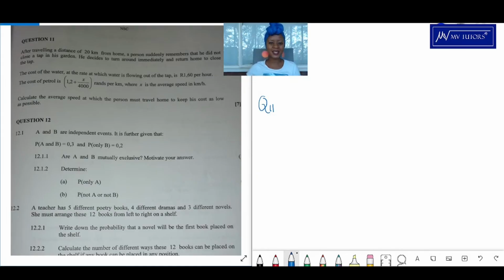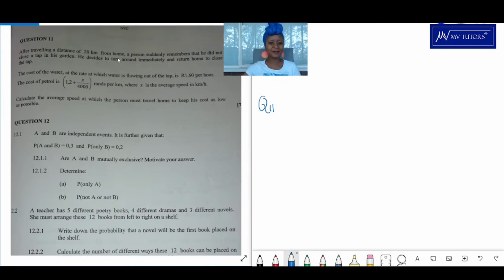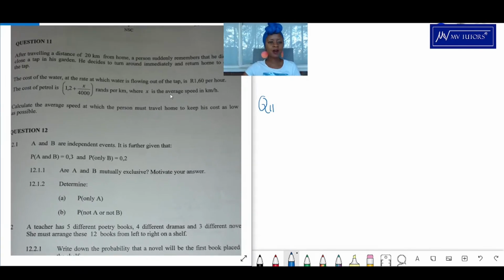Okay, so what does question 11 say? After traveling a distance of 20 kilometers from home, a person suddenly remembered that he did not close a tap in his garden. He decides to turn around immediately and return home to close the tap.